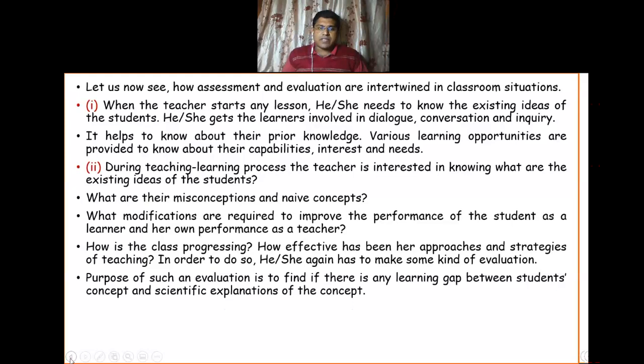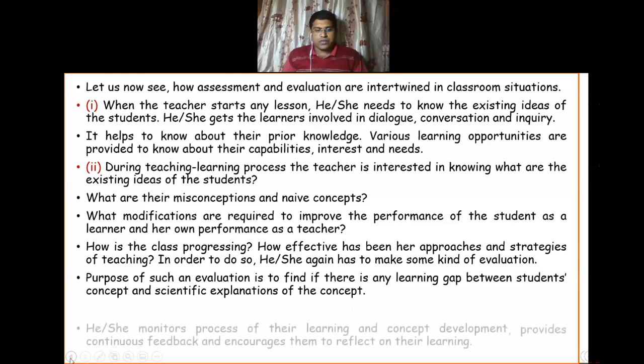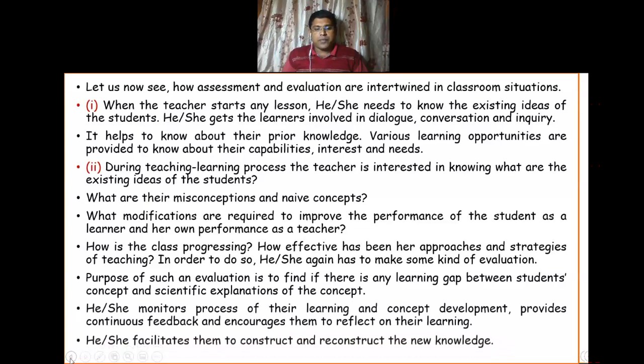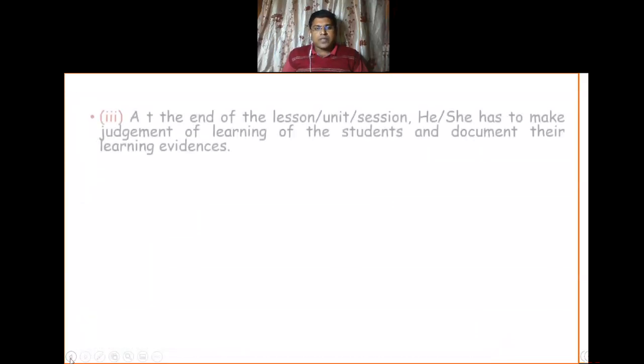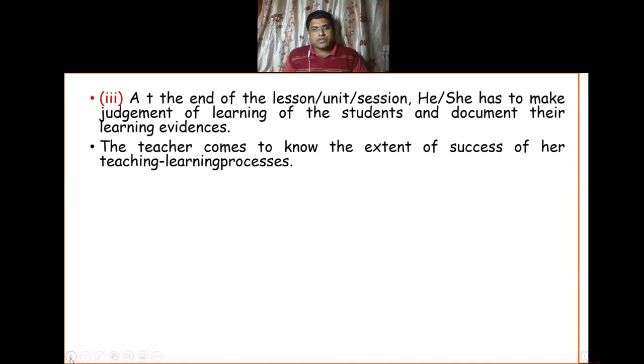He learns through dialogues, conversations, everything. So it has concepts and misconceptions, and we can finalize the learning gaps. The teacher needs to know existing ideas, meaning previous knowledge, everything we have to find out. Then based on the previous knowledge, we can give the students the process. Modifications are required to improve performance, both the children's performance as learners and the teacher's performance, and how it will progress. Based on this, we can finalize the things.